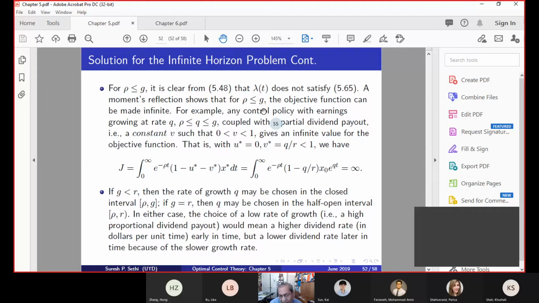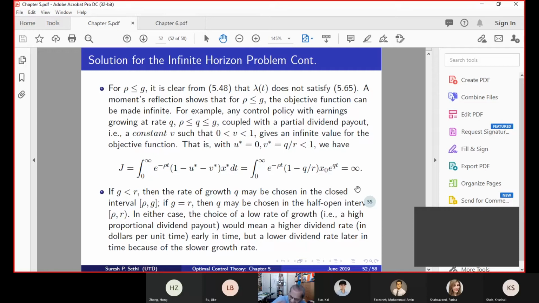So in some sense, it is not a well-defined problem, because every solution where you give some dividend v, which is between 0 and 1, which allows you to grow the company at some rate between rho and g, will give you infinity for the objective function.